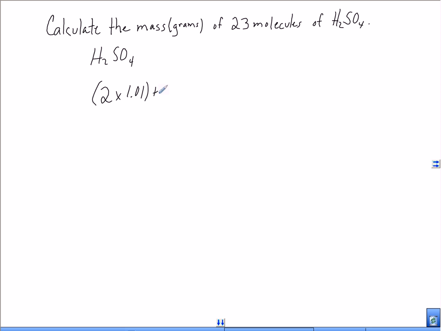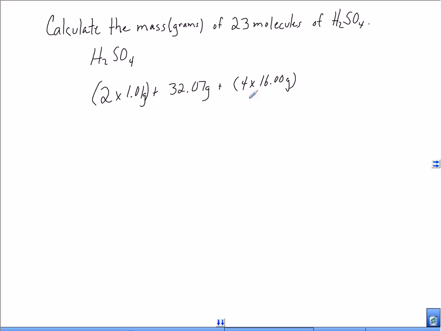When I look up sulfur, each sulfur is 32.07 grams. Let's go ahead and put grams so we don't get confused. And there's 4 oxygens, and each one of those is 16 grams.